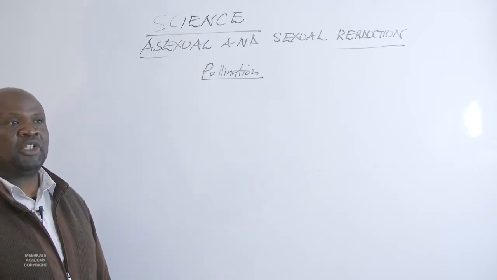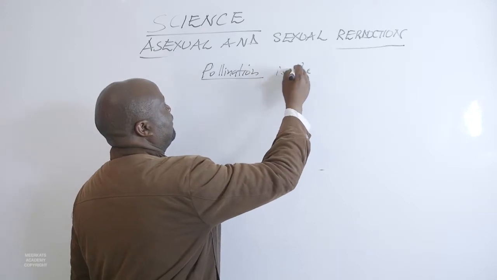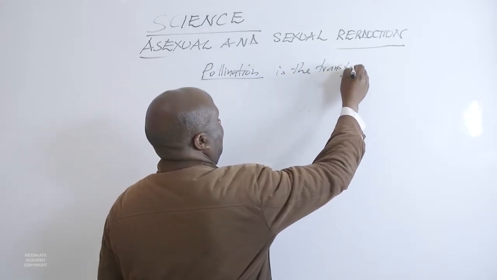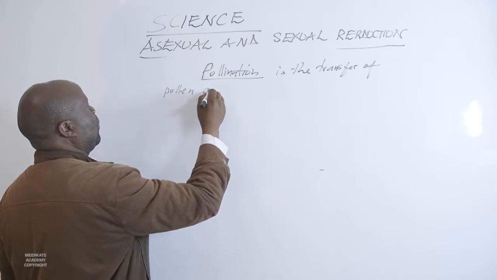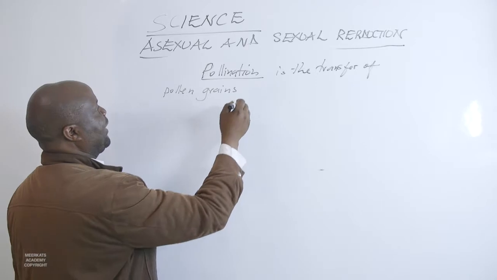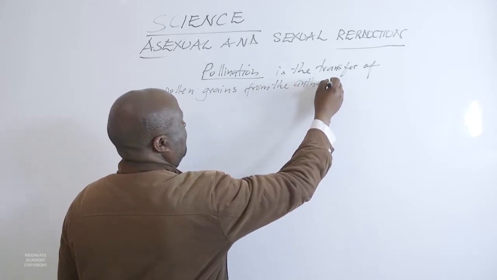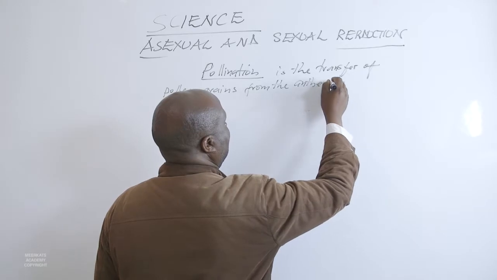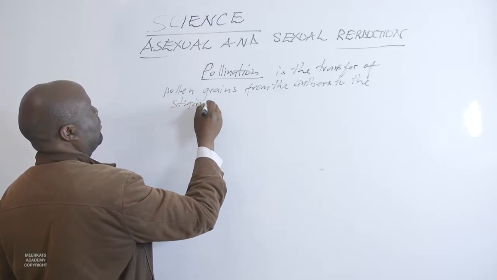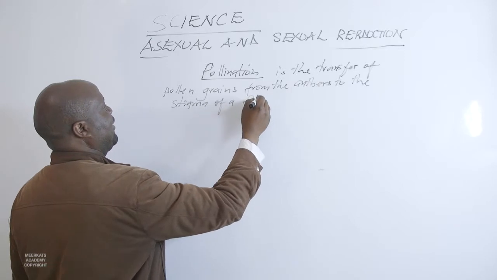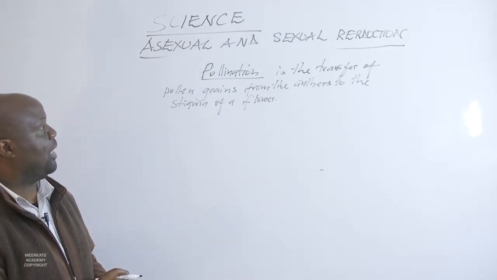So in our simple definition, pollination is the transfer of pollen grains from the anther to the stigma of a flower.